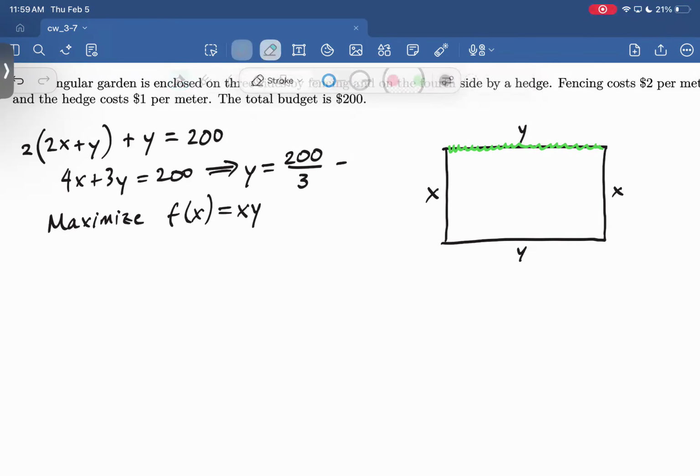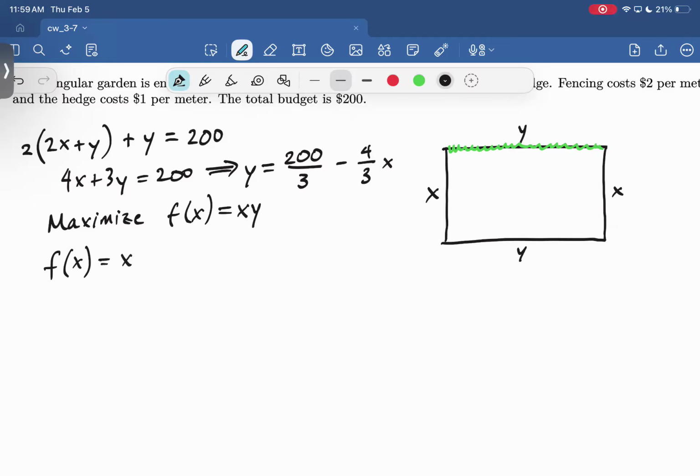Sorry, it's wrong. I made a mistake. There we go. So y is going to equal 200 over 3 minus 4/3 x. And then now we plug this into our equation for f of x. And this is the thing that we're going to be trying to maximize.